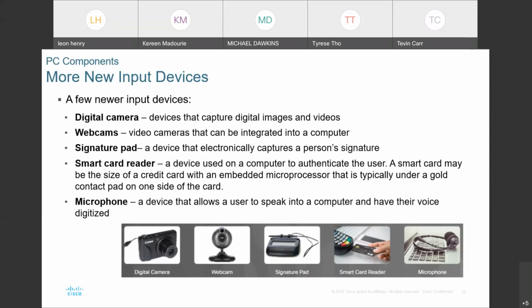A smart card may be the size of a credit card with an embedded microprocessor. It doesn't have to be, you understand, but it can. You understand? Embedded microprocessor that is typically under a gold contact pad on one side of the card. And then you have the microphone that we're talking to. All right, and that's inputting our sound, our voice.